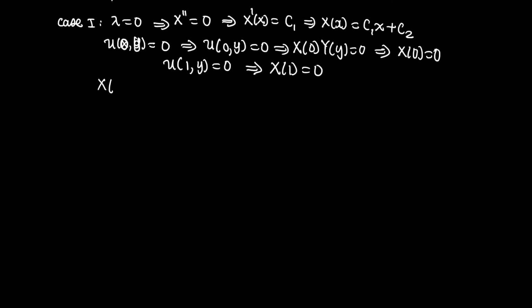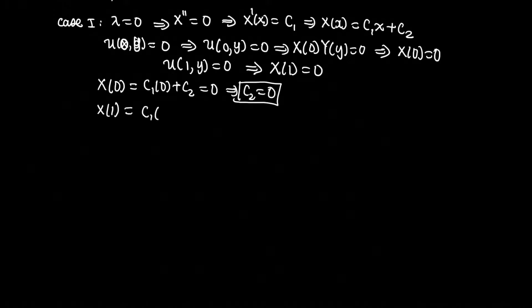For X, when I put 0, c1 times 0 plus c2 has to be equal to 0. From here, c2 turns out to be 0. Now I'm going to use another condition, X(1): c1 times 1 plus c2 has to be equal to 0. c2 is 0, so that implies c1 equal to 0.